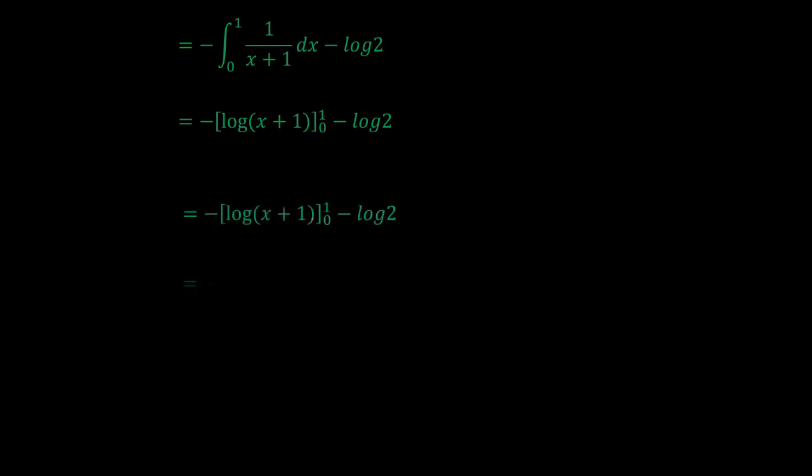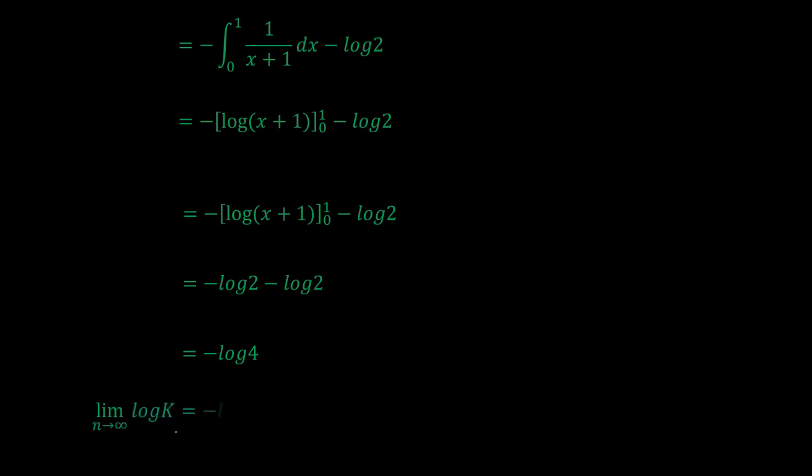Okay, so eventually we have the integral of log x plus 1, d(x plus 1), with the limit 0 to 1. And so this is the same as negative log 2 minus log 2, which is the same as minus 2 log 2, and taking the 2 inside, it becomes 2 to the power 2, so it's log 4.